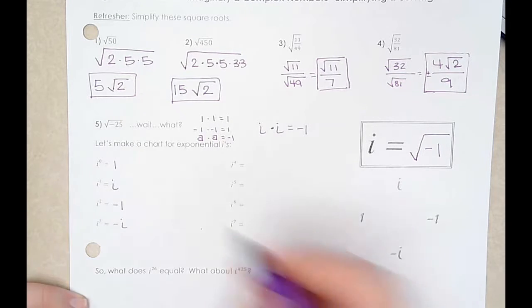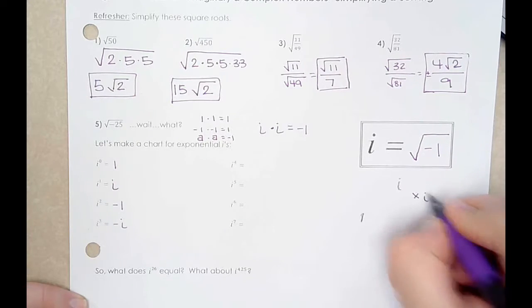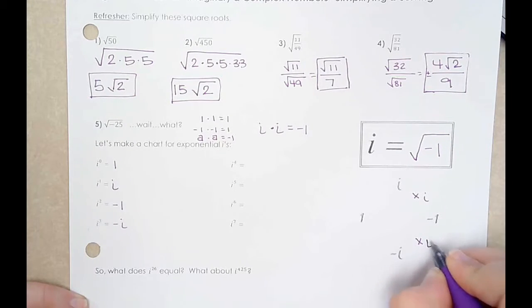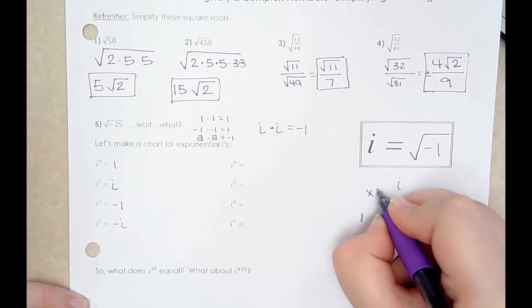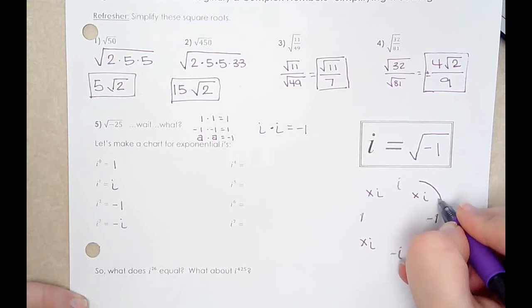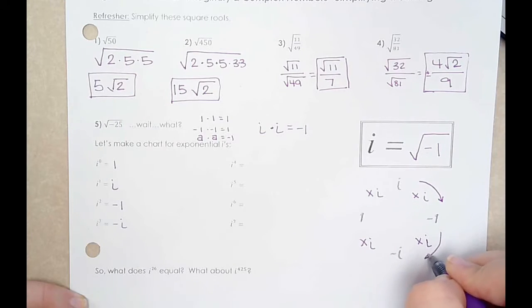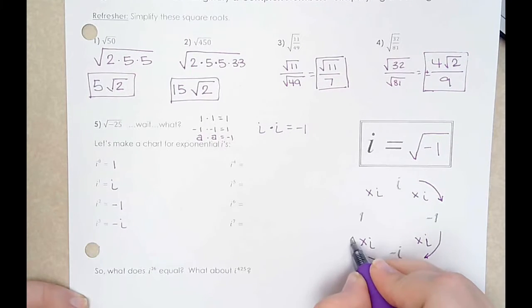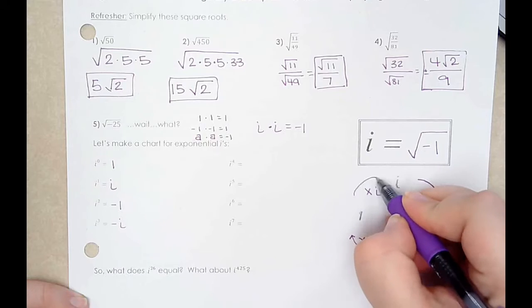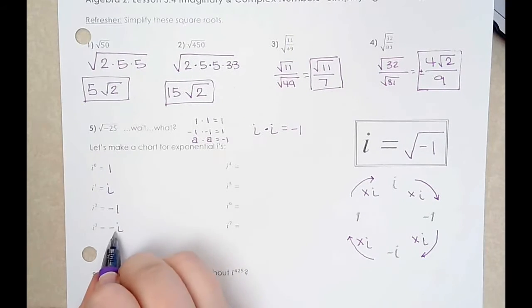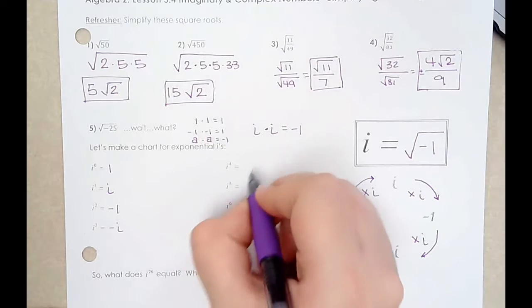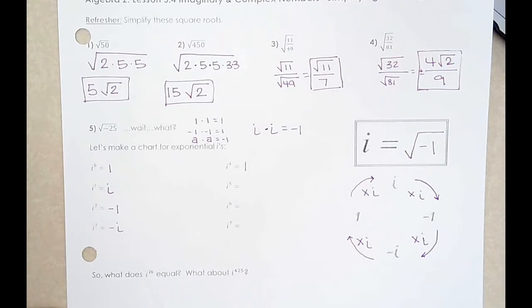What I've done each time here is multiply by i. So I'm going to go over in my little roundhouse wheel, and each time I move on my wheel, all I've done is multiply by i. You'll notice that this is a continuing cycle. If I multiply again, i to the 4th is the same thing as 1.